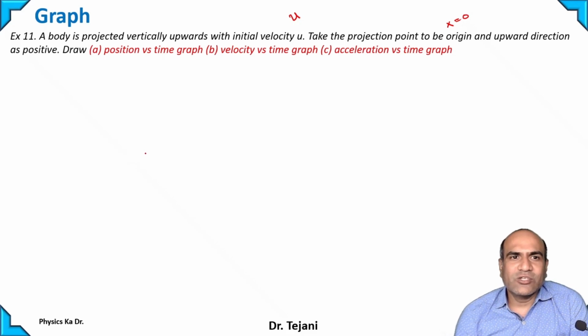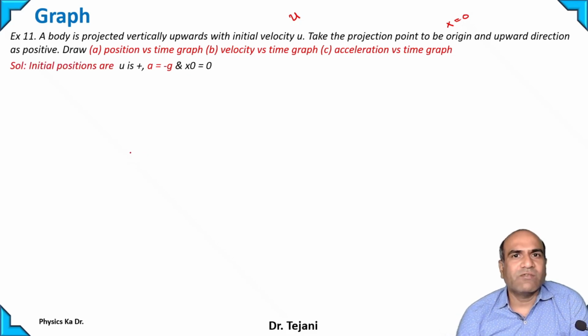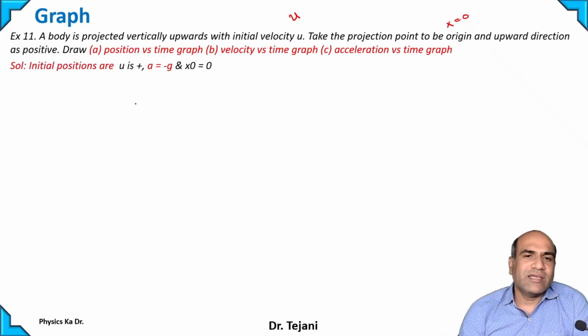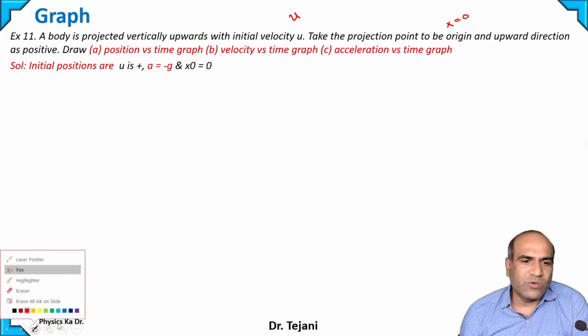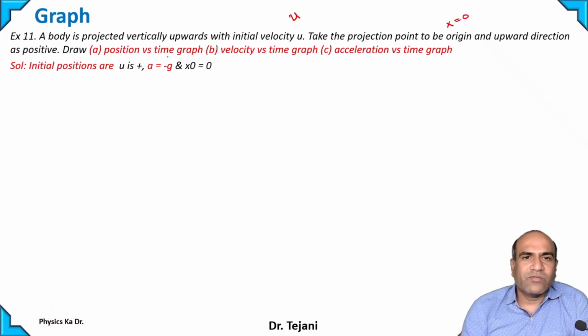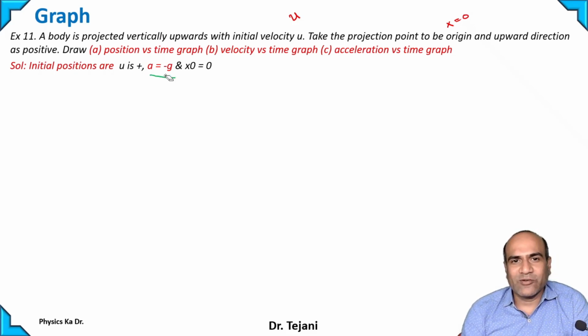Let's start. When a body moves vertically, we know that it is always subjected to gravity, and for that, when the body moves in the upward direction, acceleration is negative. The body moves upward, acceleration is always negative.